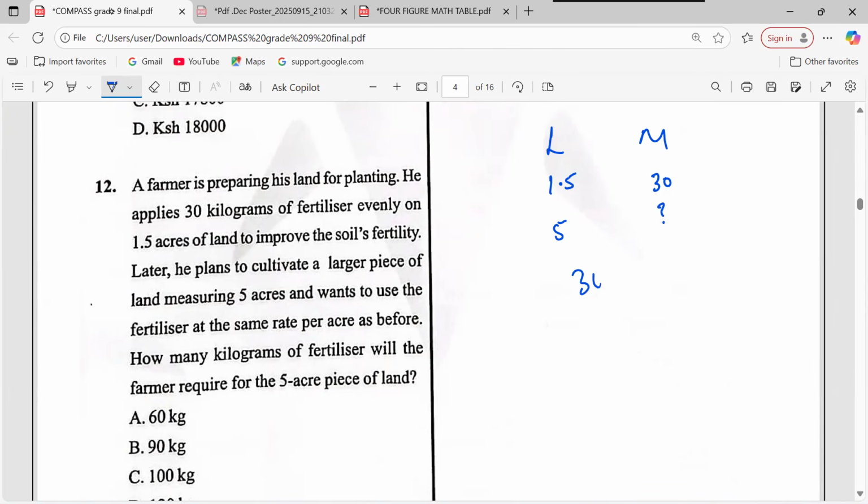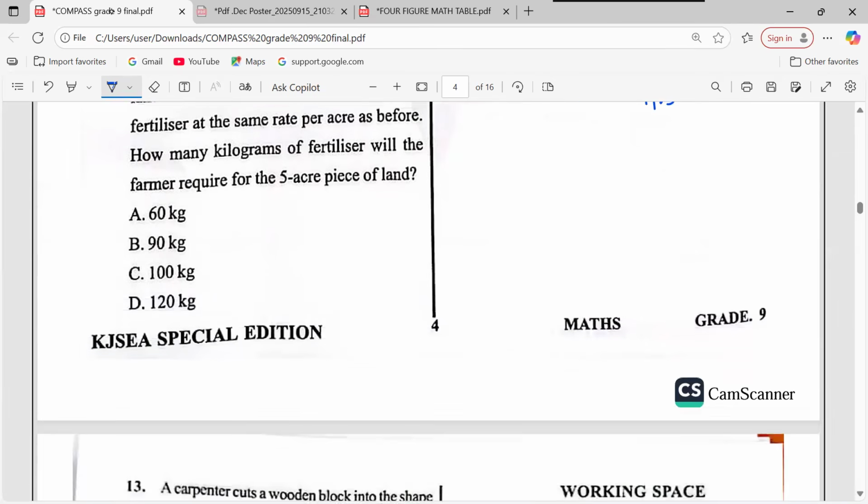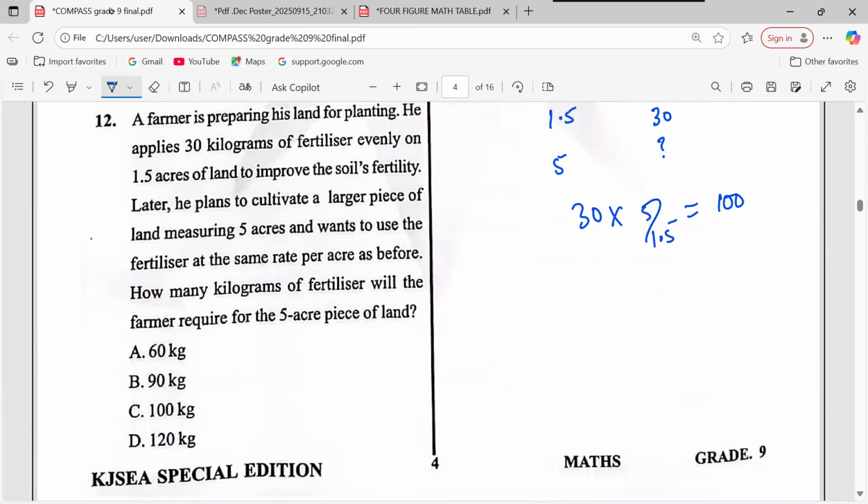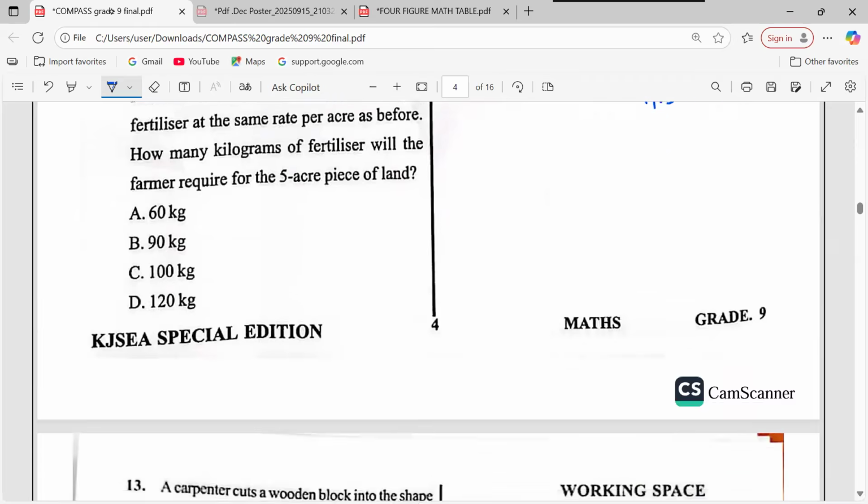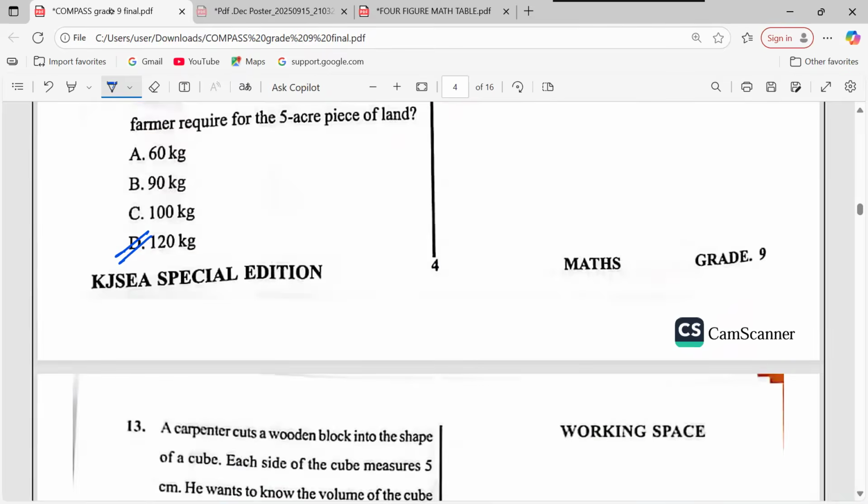So we are changing the value of 30 using the ratio of land size. For 1.5, 30. So for 5, we require more. Yeah, that one. This is exactly 100. You see? Exactly 100. So that's how that part is done.